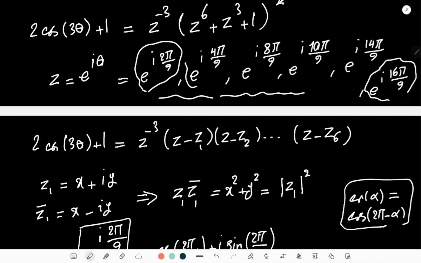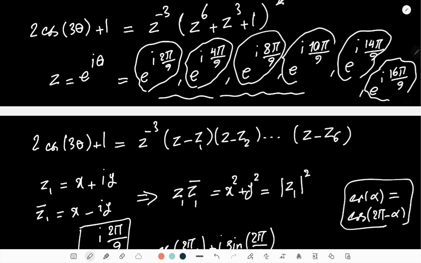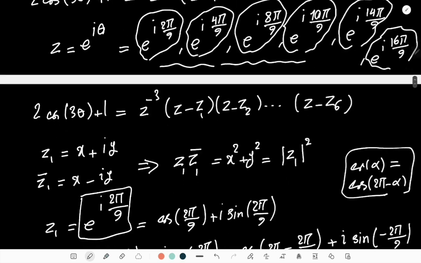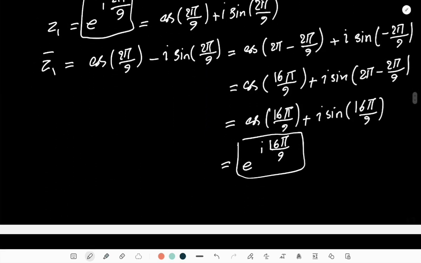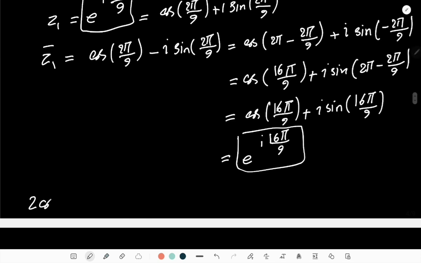And as you can see, this one here is also the complex conjugate value of this, and this is also the complex conjugate value of this one here. So how does it help me? Because in the next step, I can write 2 cosine of 3 theta plus 1.